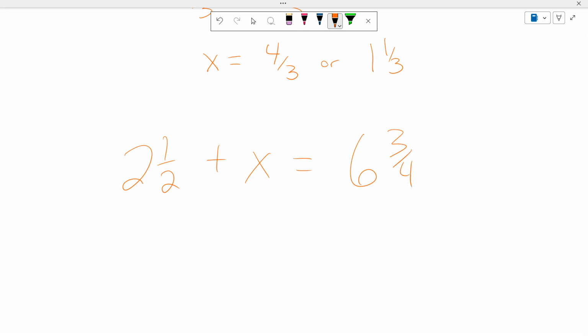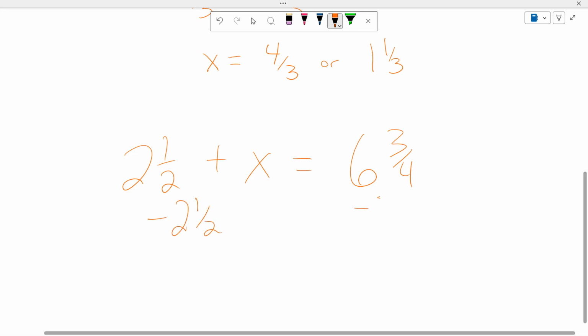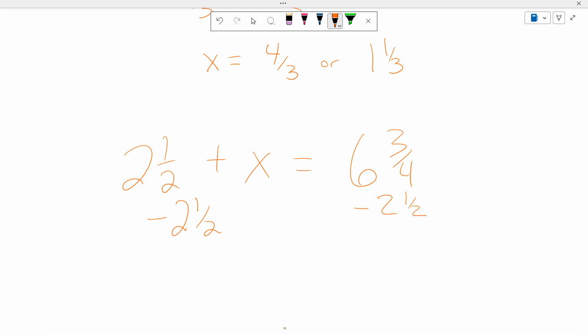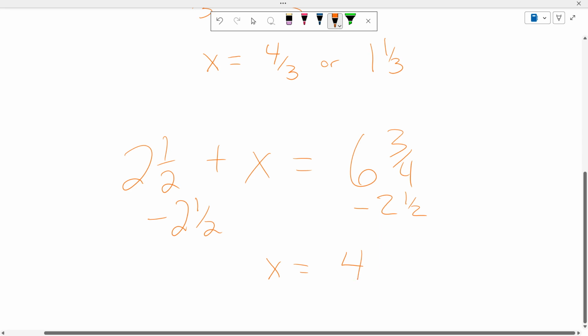Okay, 2.5 plus x equals 6 3/4. How do we get x alone? Subtract 2.5 from each side. 6 minus 2 is 4. 3/4 minus 1/2.